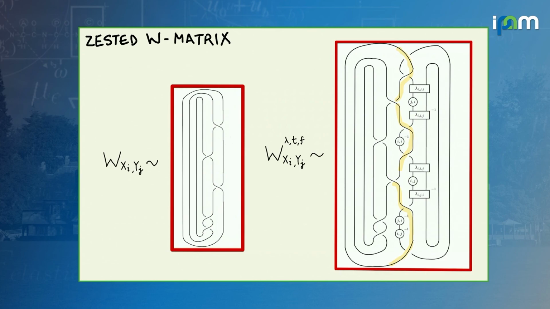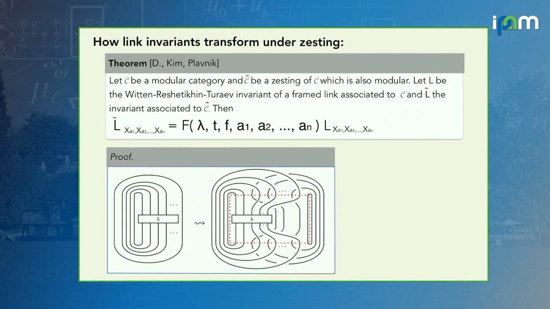And there's nothing special about S or T or W. This is a general phenomenon, and so we have a theorem that if you look at these Witten-Reshetikhin-Turaev invariants under zesting, they always transform in this way. The invariant is going to transform graded block by graded block in a way that only depends on zesting data. So the simplest thing I can say is, zested invariants decouple, to keep it short.